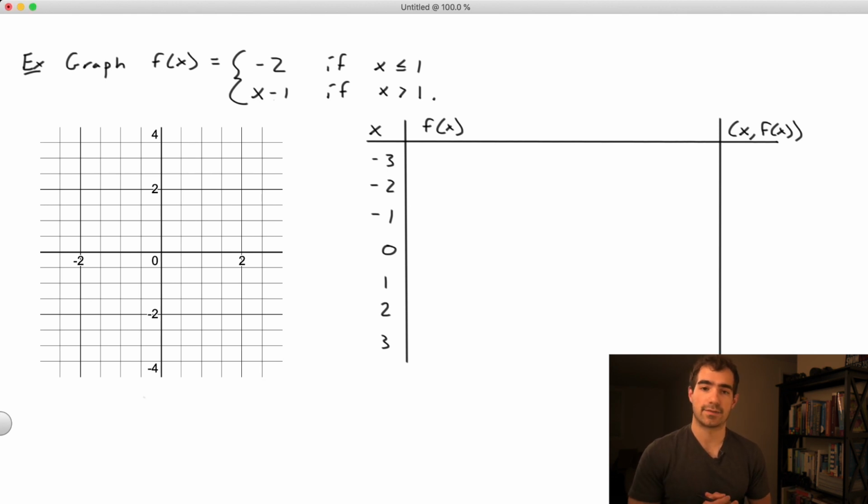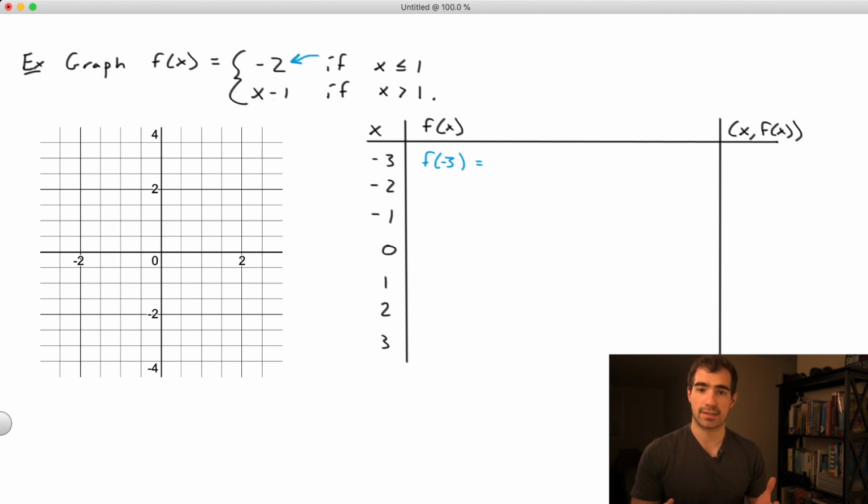So if, for instance, we take the function f of x, which is equal to -2 if x is less than or equal to 1, and equal to x minus 1 when x is greater than 1, we can pick some values like -3 to 3 and all of the integers in between, and plug those into our function, evaluating them for the specific equation on that specific domain to give us the same types of coordinate pairs that we've worked with previously. For instance, if we look at f of -3, that's going to be less than or equal to 1, and so we would plug this in to this expression here.